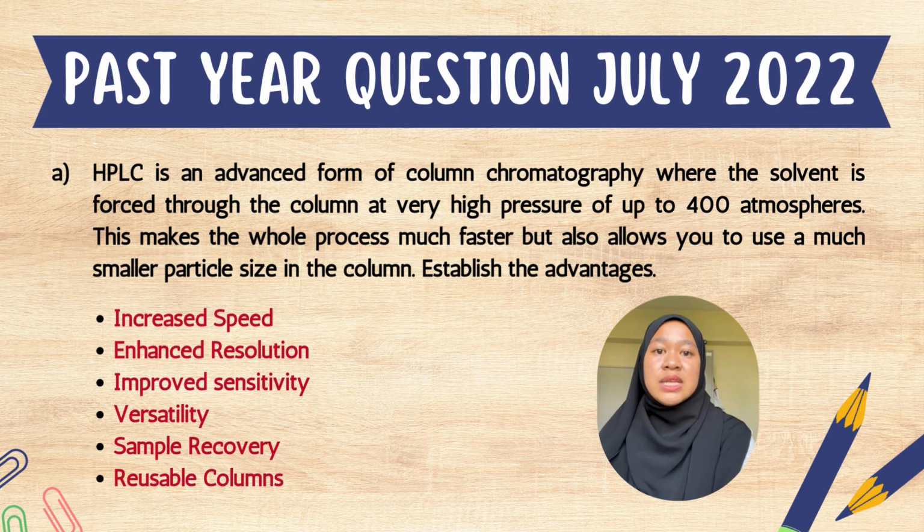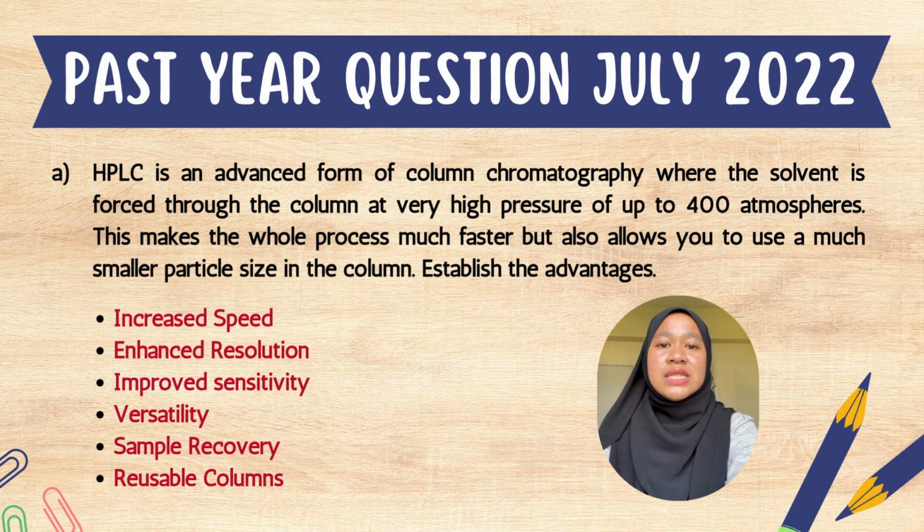The second one is enhanced resolution. The use of smaller particle sizes in the column, made possible by the high pressure, leads to improved resolution of closely related compounds. This results in better peak separation and more accurate identification of components in the sample.